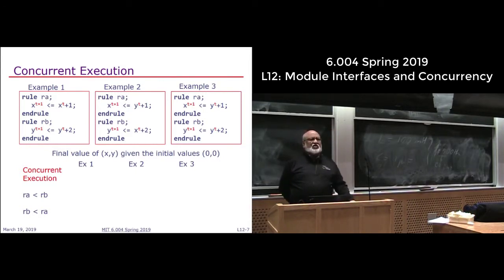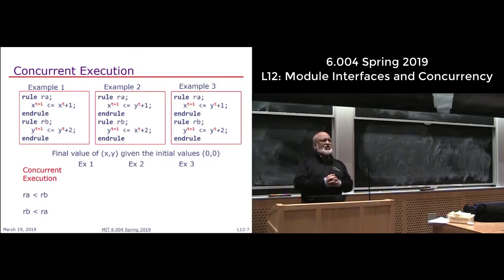Everything you have seen about rules is that you look at the current state, do the computation, and you update the state at the rising edge, which you'll see next time. So if you do all this, and then ask what is the answer that will be produced, assuming the initial value of x and y is 0, 0.